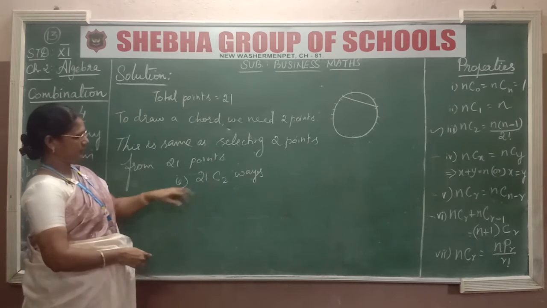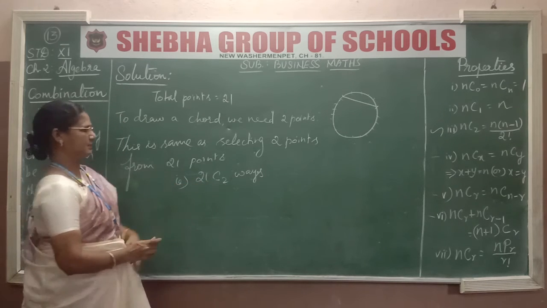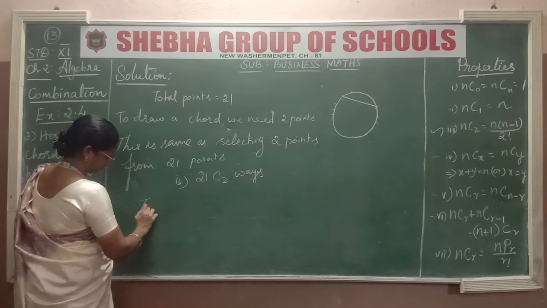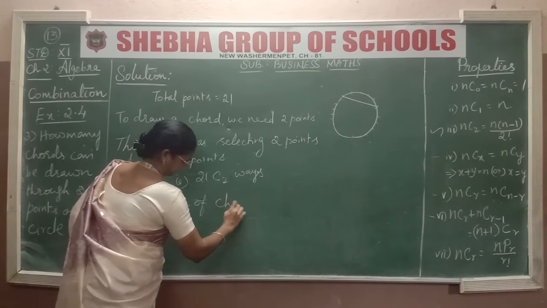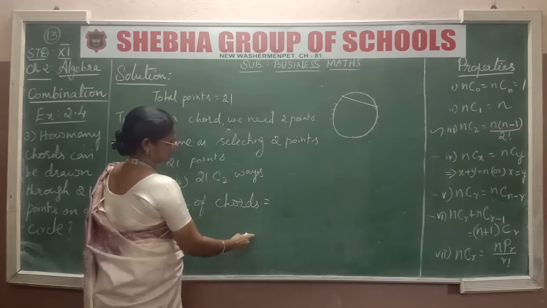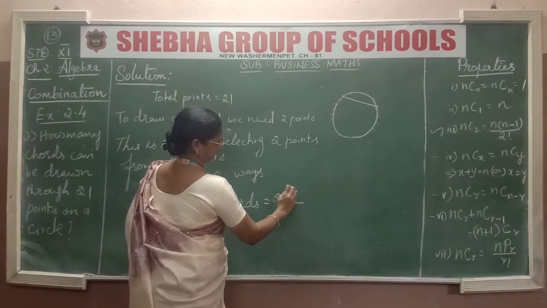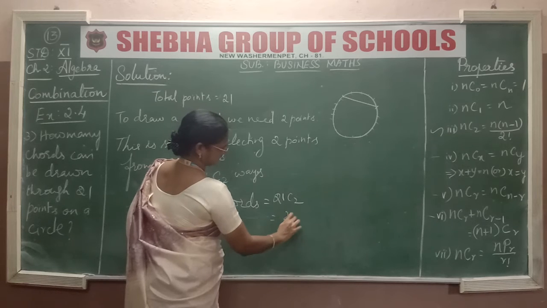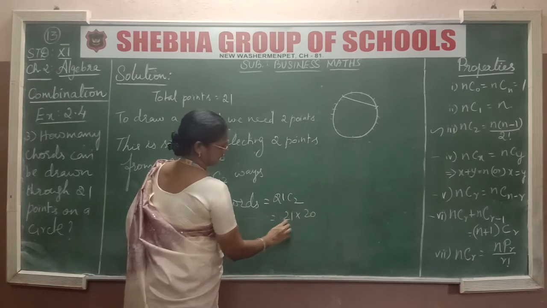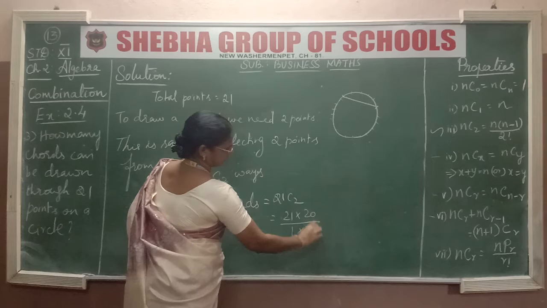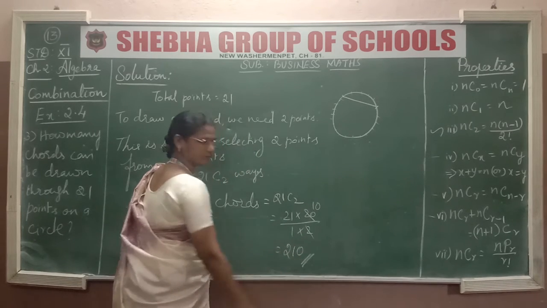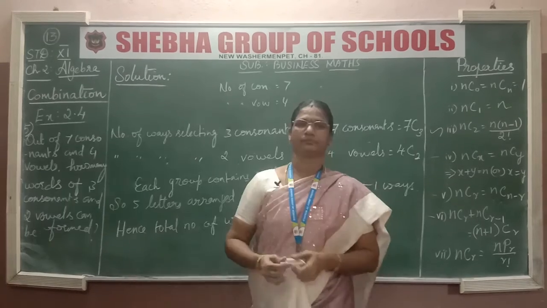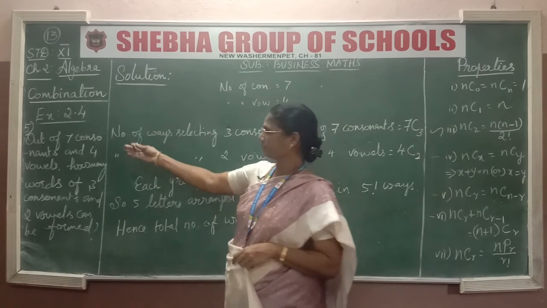Therefore the total number of chords becomes 21C2. So we write this as 21 into 20 by 1 into 2, cancelling we get 210 chords we can draw. Understood?